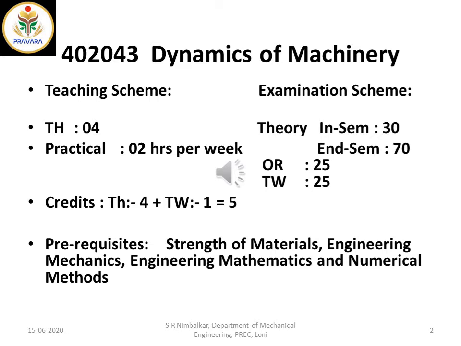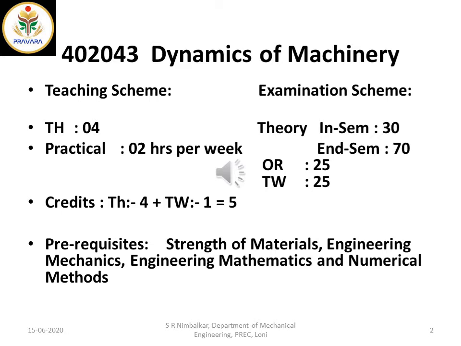The course code is 402043, and the teaching scheme is we'll be having 4 lectures per week, and currently we will try to see some practical based syllabus also, but let us see how it goes.